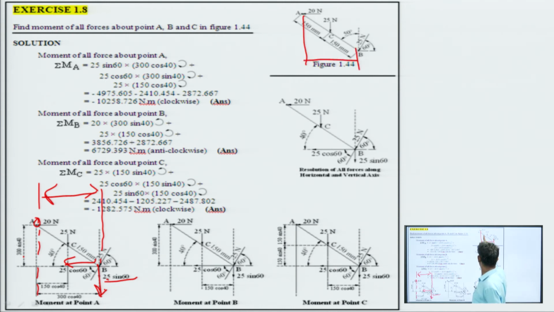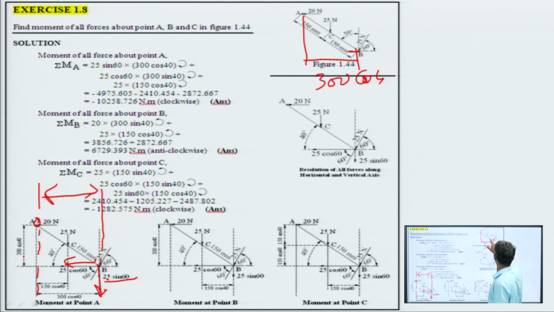So, with the help of sine rule, this will be 150 plus 150, and this angle is 60 degrees. So, it is 300 cos 40.